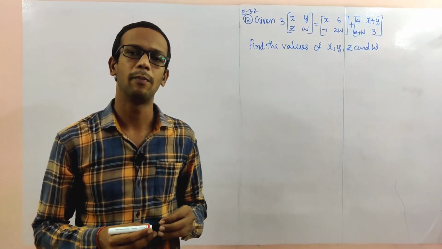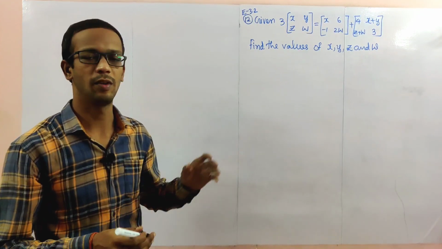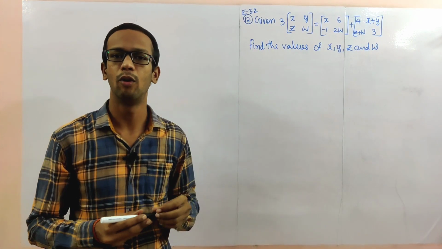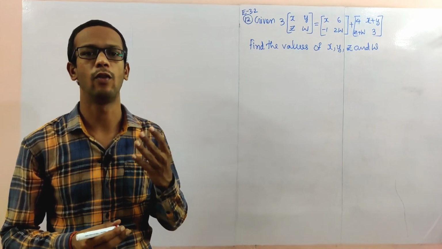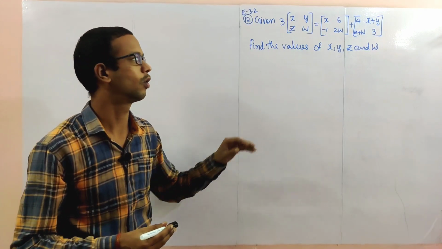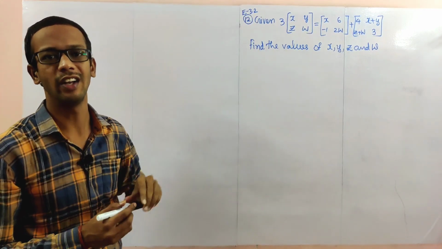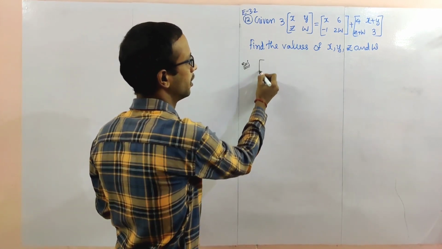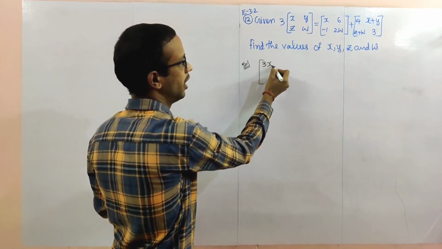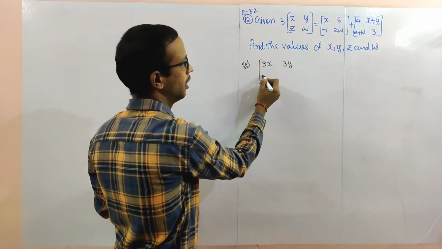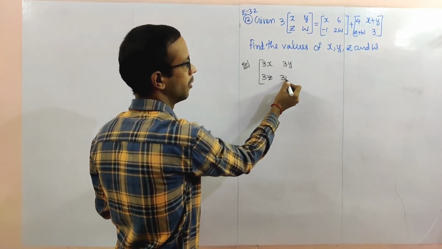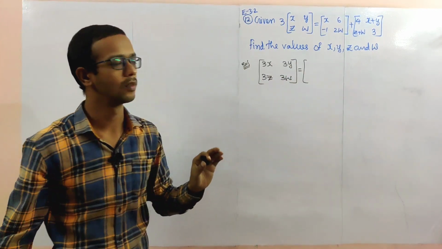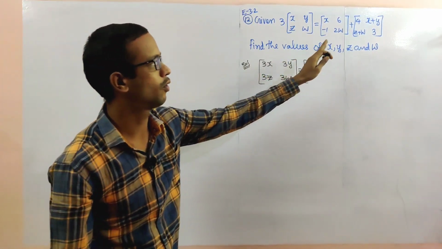Next, problem number 12. Similar problem, with x, y, z and w. The w value also we have to find. 4 values, 4 elements we have to find here by using the given equation. So very simple solution. Just multiply inside: 3x, 3y, 3z, 3w is equal to the addition of two matrices.